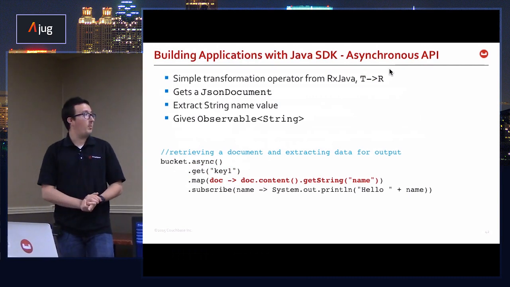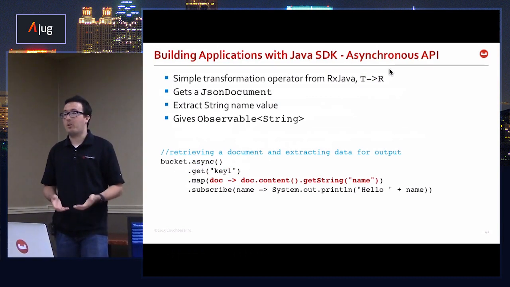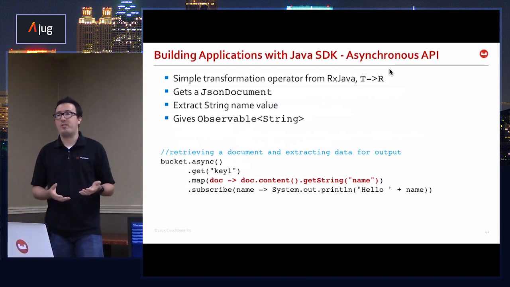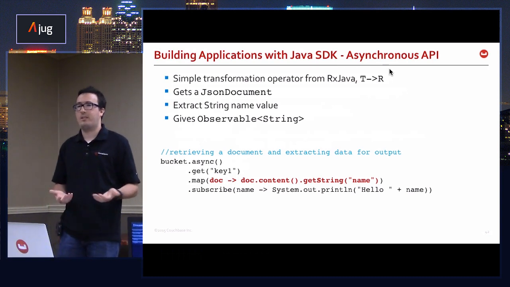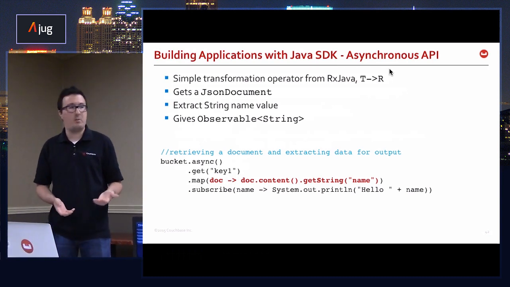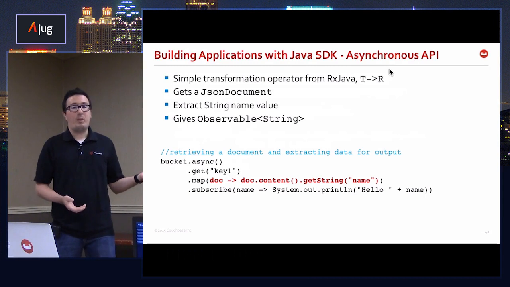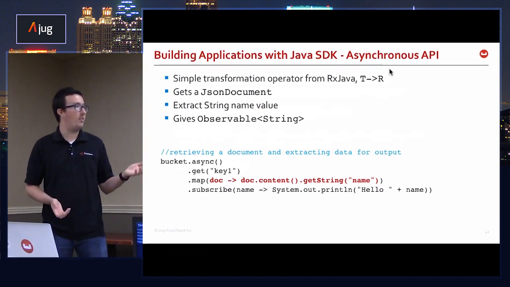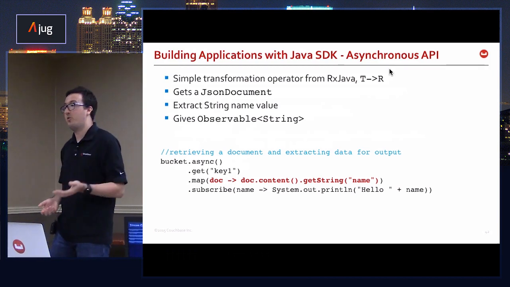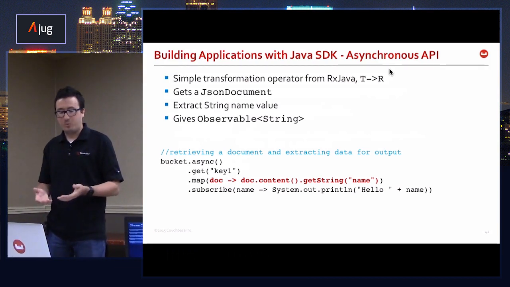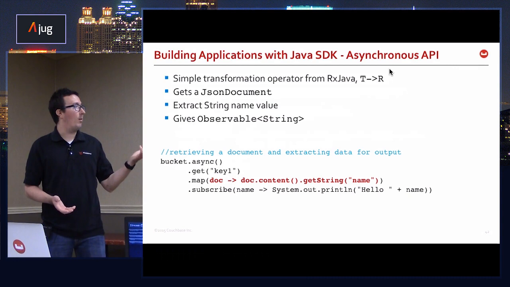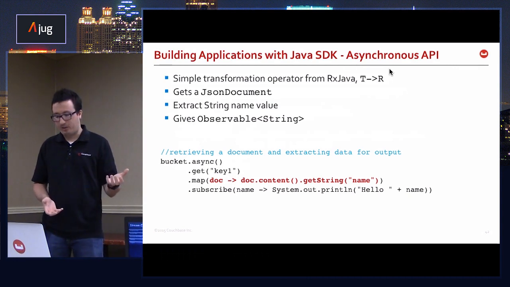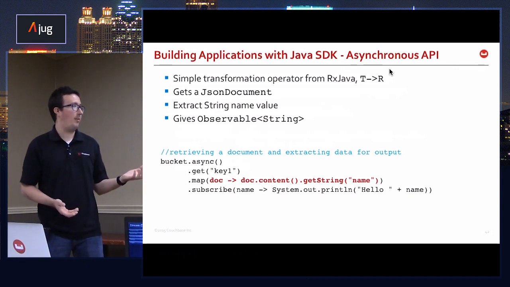So with that stream, what we can do is we can call map. So maybe JSON document is pretty useless to us. It's not something that we want to work with. So what we would do is we would call map, and we would convert it to a new data type. In this case, we're doing a transformation to convert JSON document to type string. Once we make this map, the value that we have is now going to be this name property.